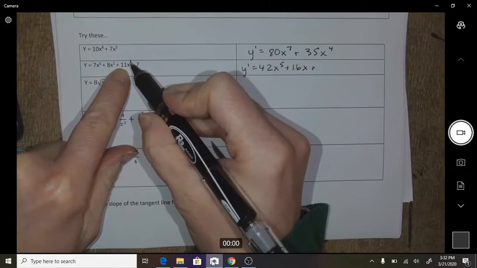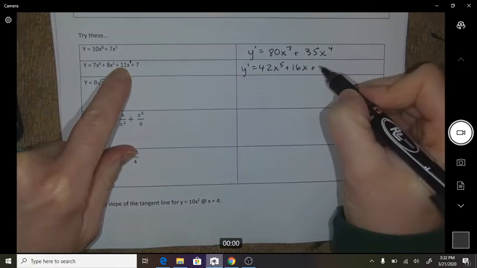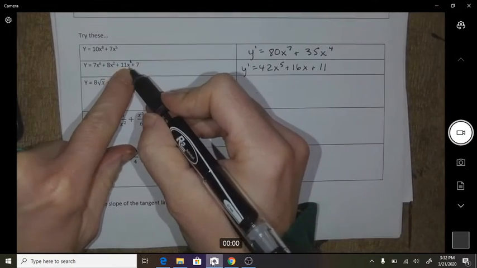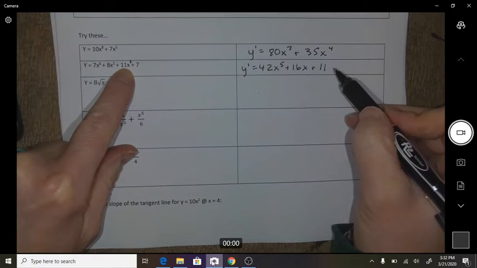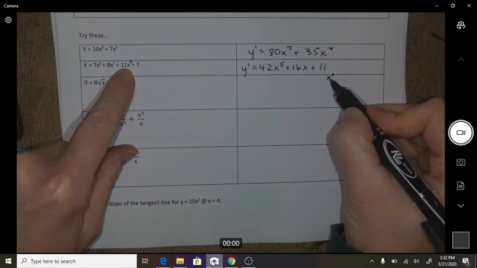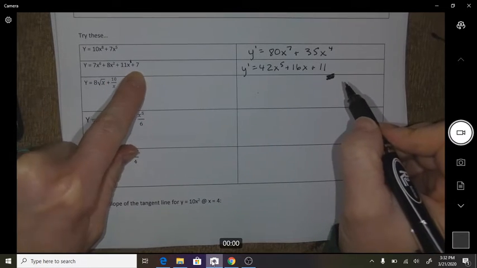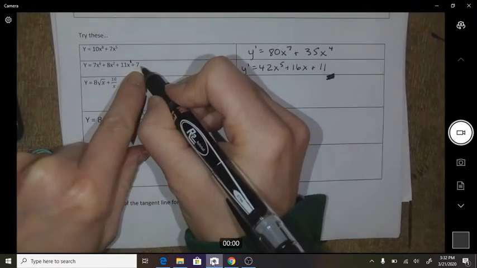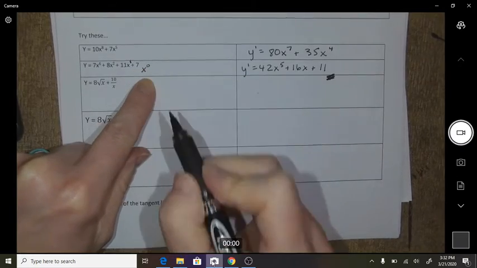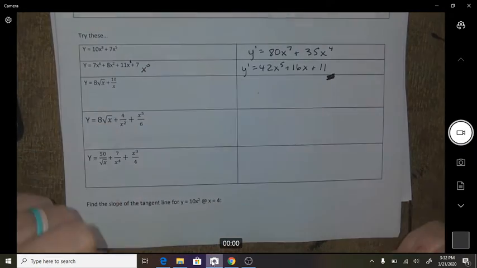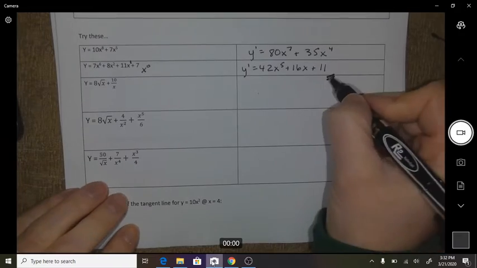There's a magic number of 1 there, so 11 times 1 is 11. And then this would become x to the 0. But I don't need to write x to the 0, that's just a 1. And then this really actually has an x to the 0 on it, so 0 times 7 is nothing.